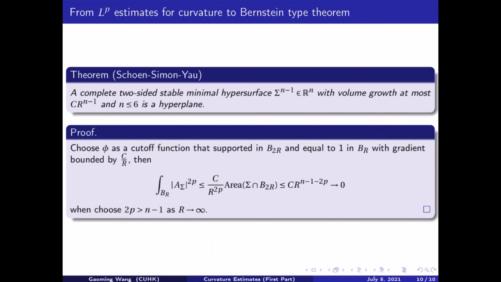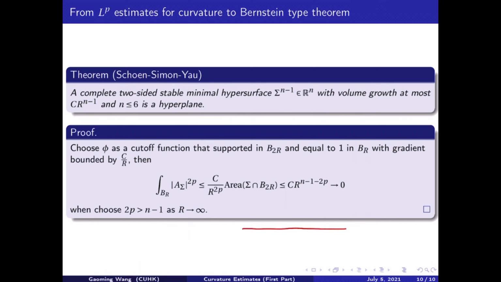With the help of the L^p curvature estimate, we can show the generalized Bernstein theorem. This theorem says that any complete stable minimal hypersurface with the area growth condition should be flat. The proof is quite simple, as we can just choose the test function φ in the L^p estimate as a cutoff function, which is supported in B_{2R}, equals 1 in B_R, with a bounded gradient.